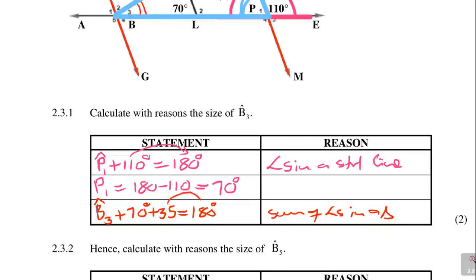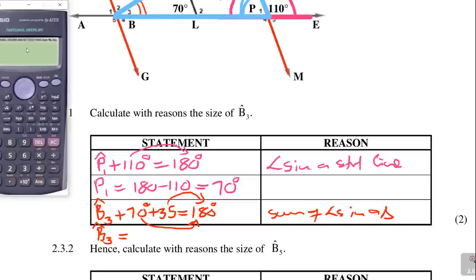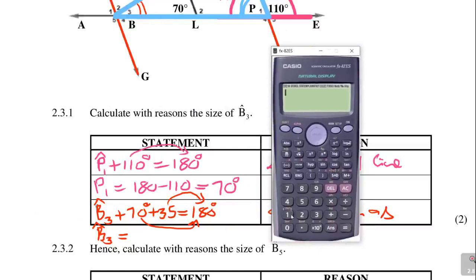So you take now 35, you take now 70 to the other side, then it gives us angle B3. So what will be angle B3? It will be equal to, you take a calculator now, you subtract. So it will be 180 minus 70 minus 35. Are you seeing that? Equal to 75.